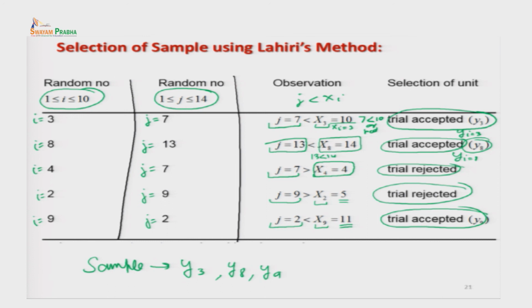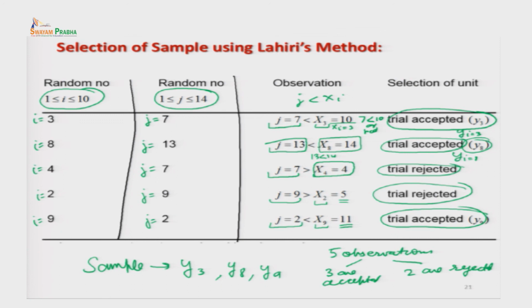You can see that you have drawn a total of 5 observations, and out of those 5 observations 3 are accepted and 2 are rejected. So this is what I mean by effective draws and non-effective draws.